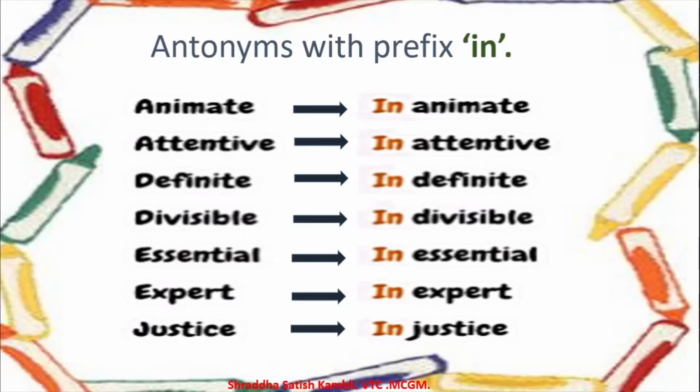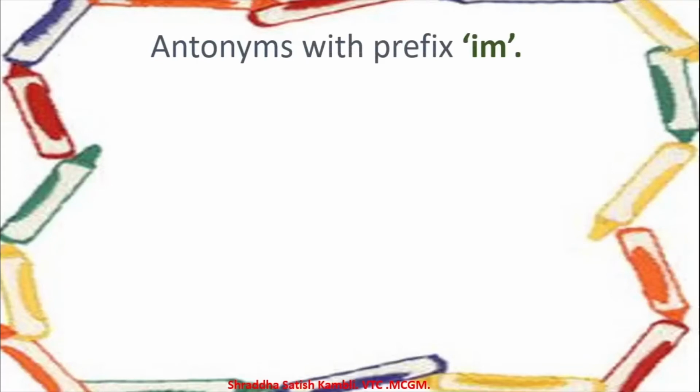Now children, there is always a limitation to the number of examples I can show you in this limited period of time that we have. So what will you do? Like I just said, you will use the dictionary, you will use the internet in order to expand your knowledge. Okay, let us take a look at some more antonyms but with a different prefix. So this time it is the prefix im.